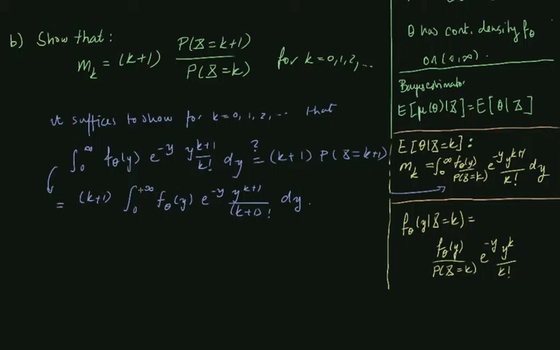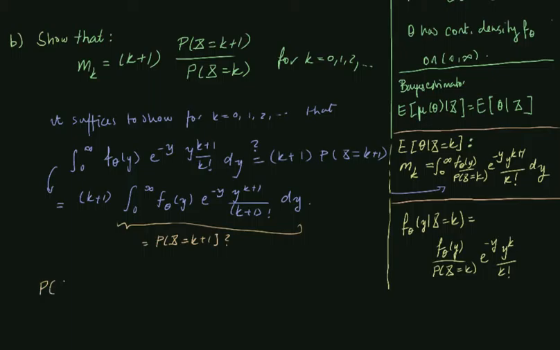Now that's pretty nice because now we have the k plus 1. The only thing we need to check is that this integral is actually the probability that x is equal to k plus 1.